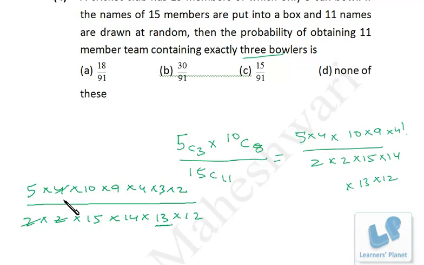Rest we just see is 5 and 3, 15, 15. Then 4 3s are 12, 3 3s are 9, then 2 7s. So precisely we are getting 30 by 91, right? So this is 30 by 91, right? I hope you are clear.